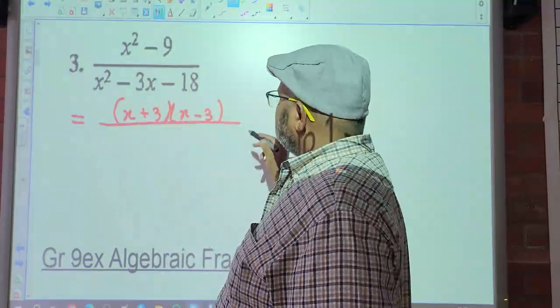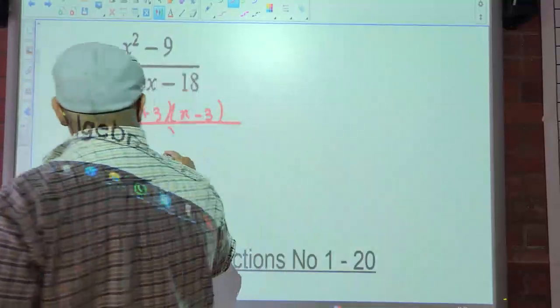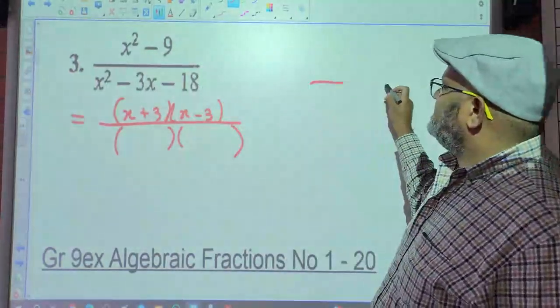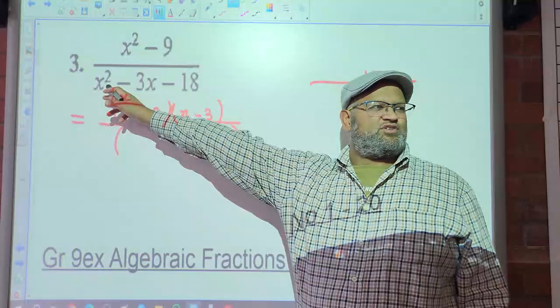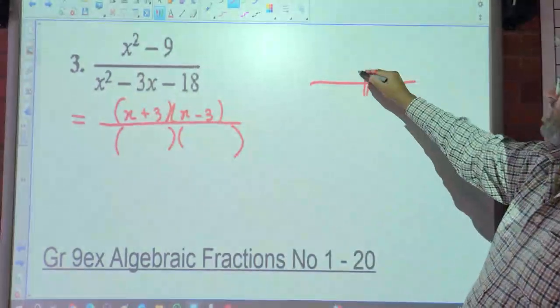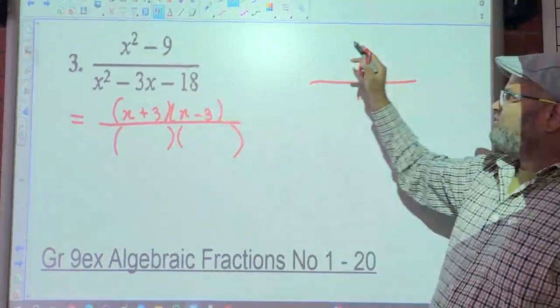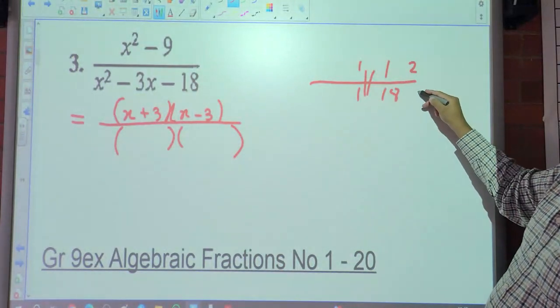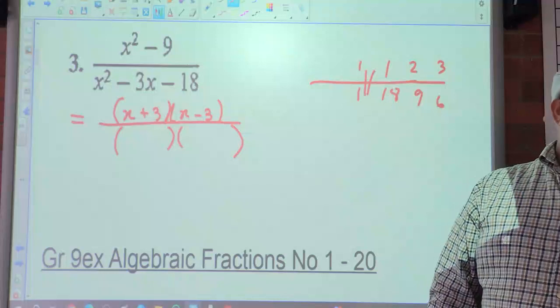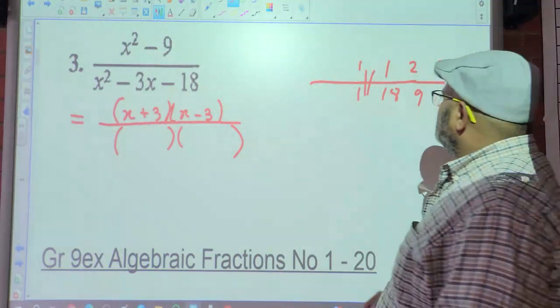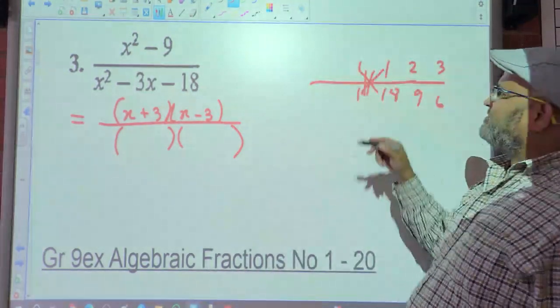And this is all over a trinomial. So what goes on the line? The factors of the coefficient of x squared, which is 1 and 1. And then 1 and 18, 2 and 9, 3 and 6. Do we add or subtract our products? You subtract. 1 times 18 is 18, 1 times 1 is 1.